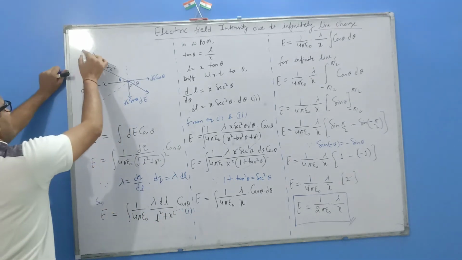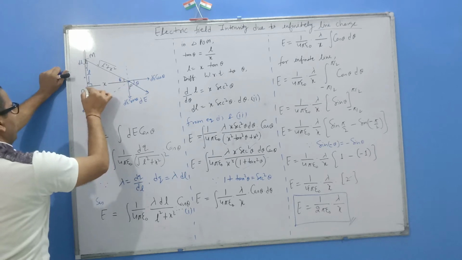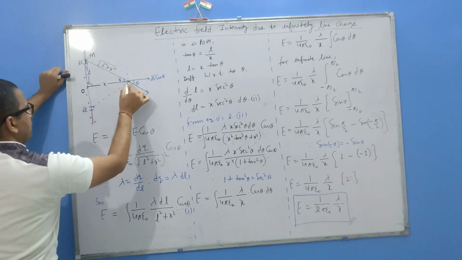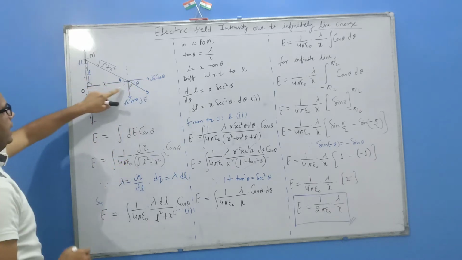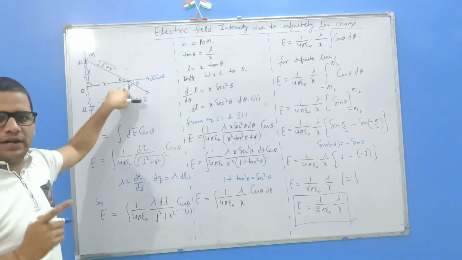Here we have a line charge. Let from its point O at a distance x there be a point P at which we have to calculate the net electric field intensity.